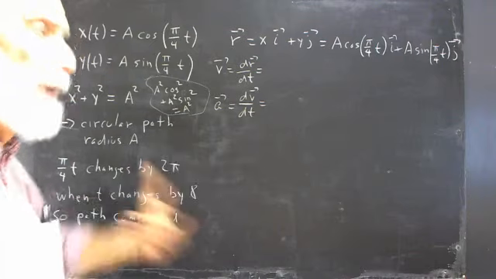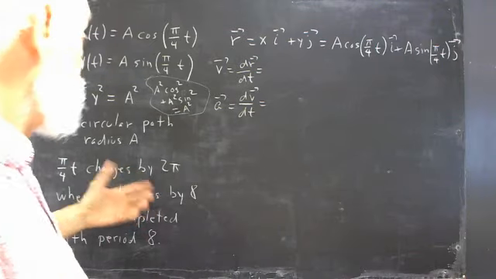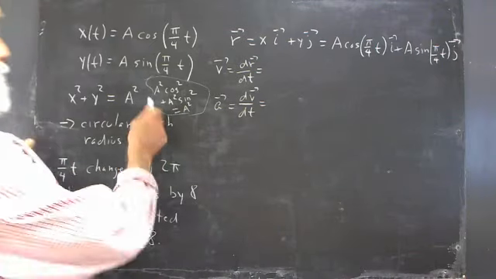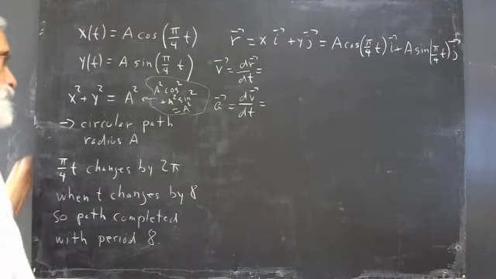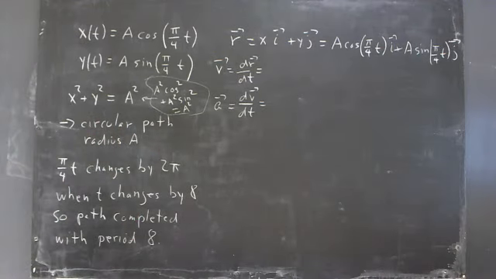We know that's a Pythagorean identity, and that's 1, so we just get a squared. It's a Pythagorean identity, and that should be very straightforward. If it isn't, you want to lock that in.